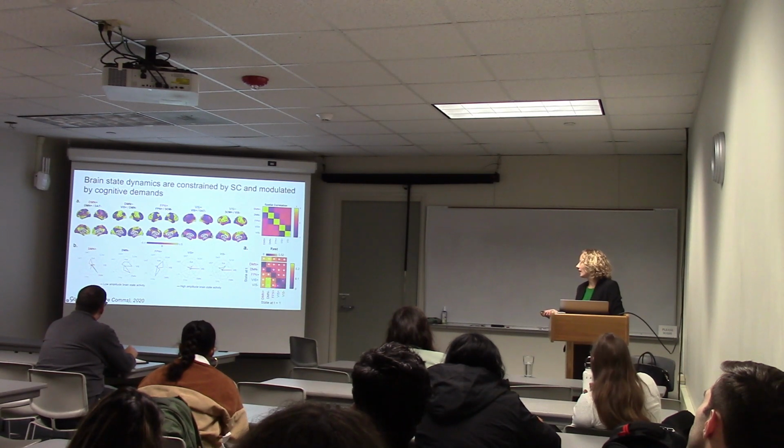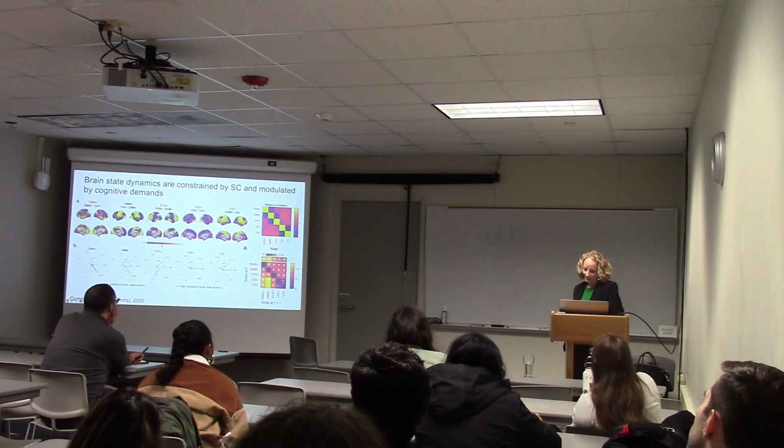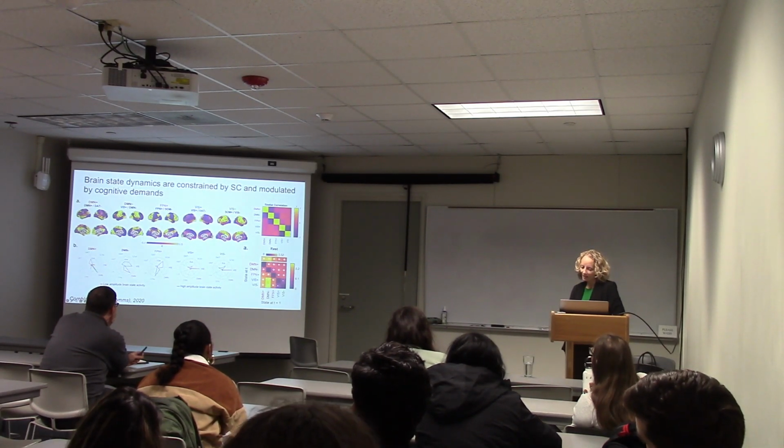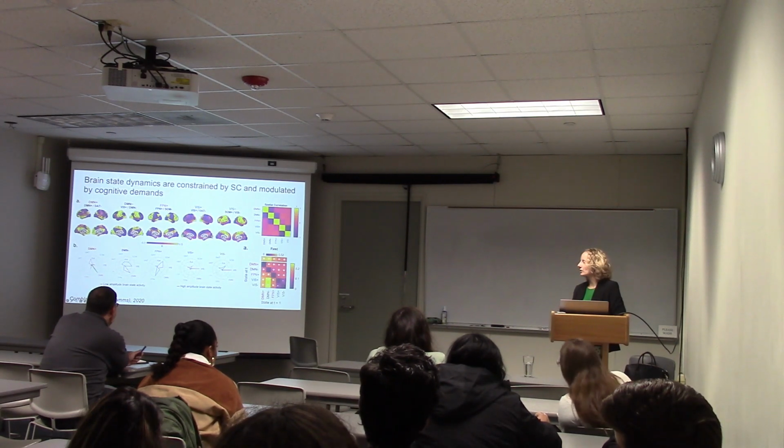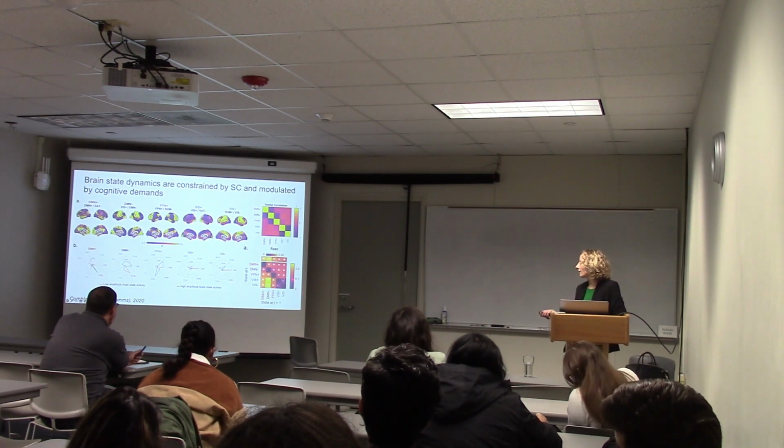The bottom right is the transition probability matrix, and they showed that the highest probabilities are from visual to default mode network states, lower to higher order, and lower probability for transitions from higher to lower. So there seems to be an asymmetry in the transition probabilities that favors bottom-up transitions.